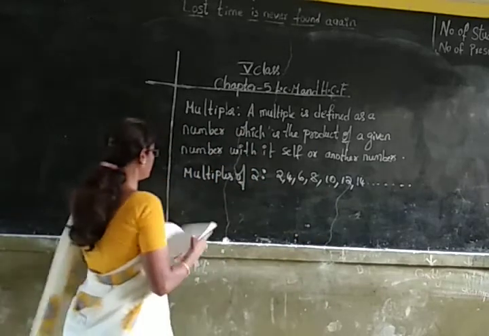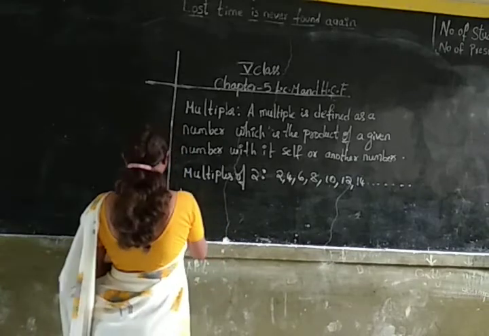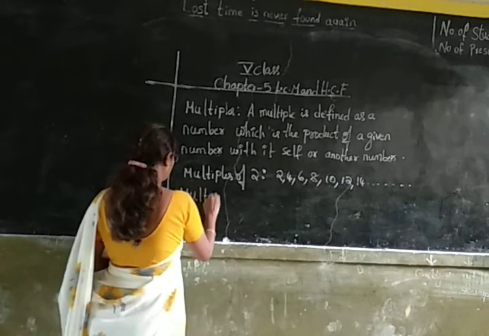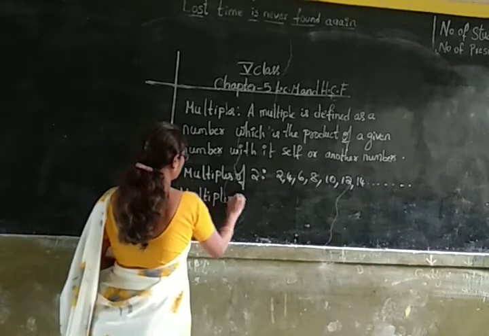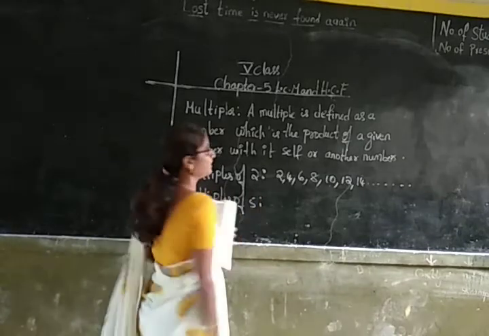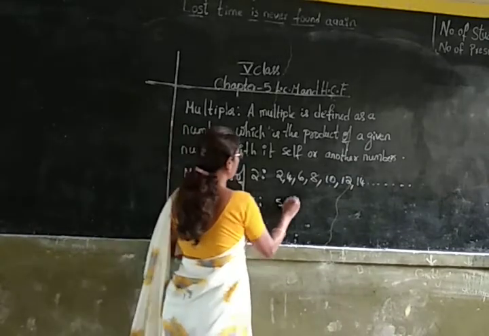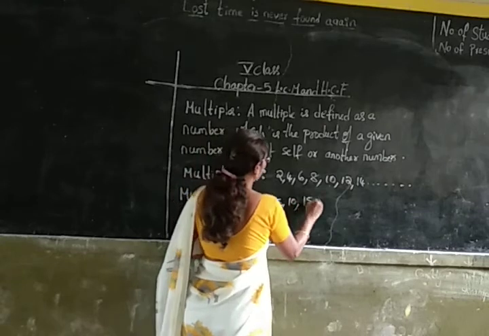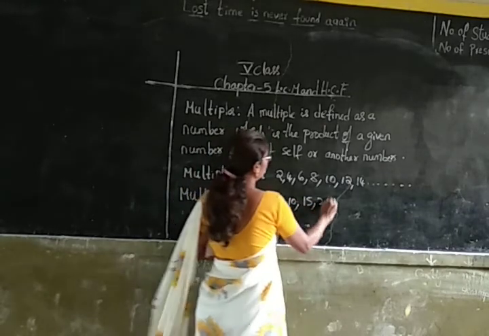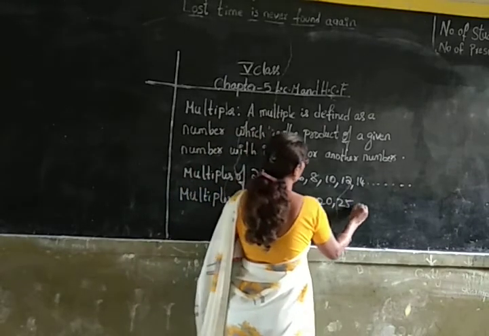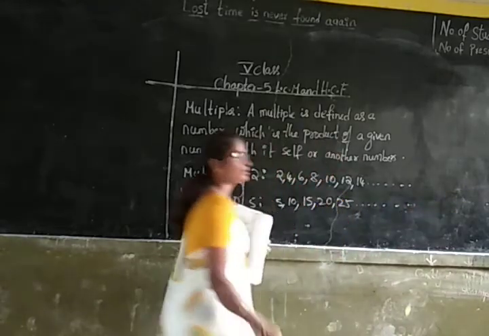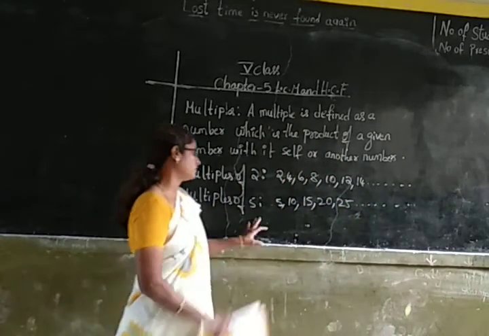Okay, children. Similarly, let us write down the multiples of 5. If you know the 5 table, you are able to write the multiples of 5. So 5 1s are 5, 5 2s are 10, 5 3s are 15, 5 4s are 20, 5 5s are 25, etc. All these are called multiples of 5.